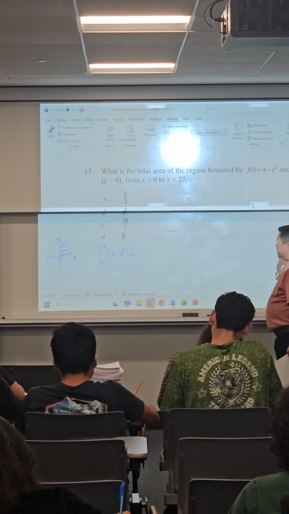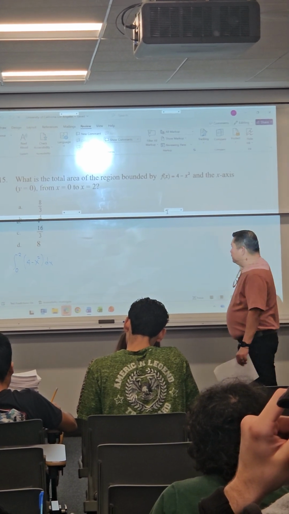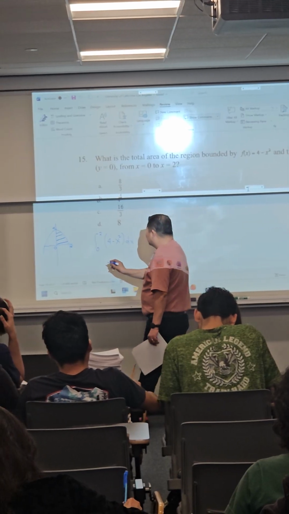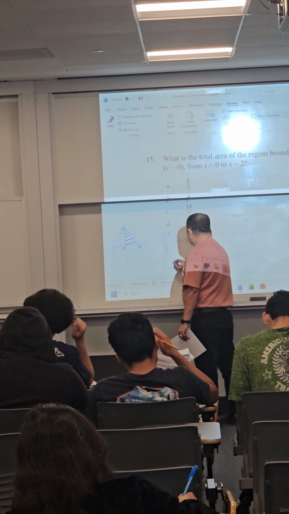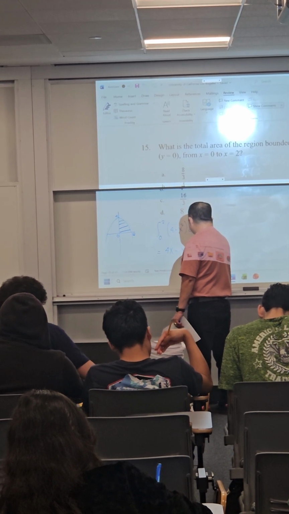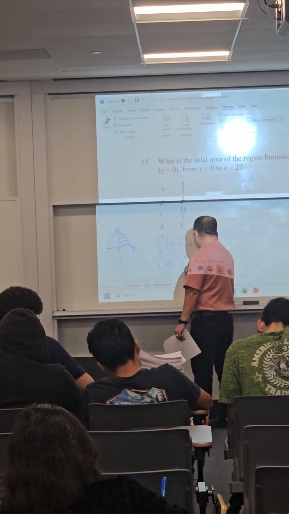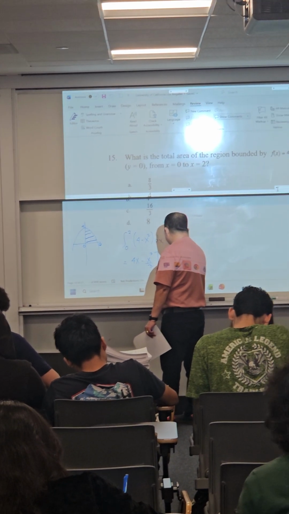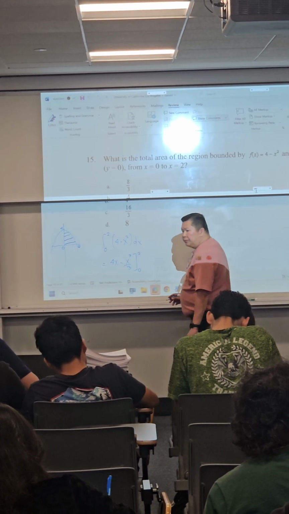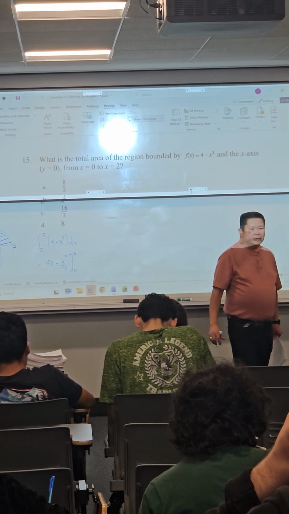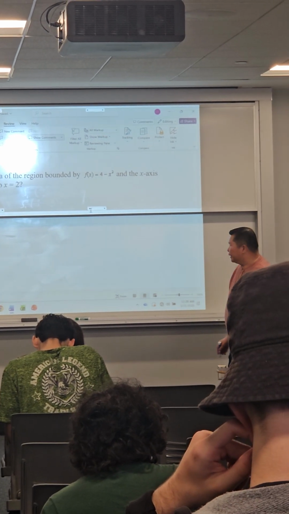Okay? Then take the antiderivative now. So we have 4x minus x cubed over 3 evaluated from 0 to 2. Plug in now the upper limit minus the lower limit.